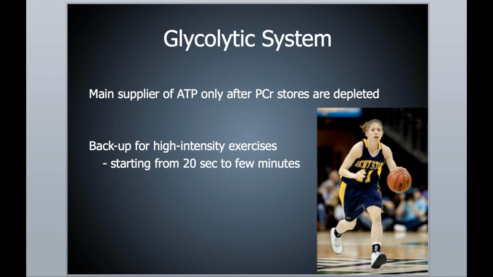Now, you can't maintain that same intensity for very much longer, past 20 seconds or so, because you're not able to generate enough ATP quickly enough. But you're able to do it pretty good up to about, again, 2.5 to 3 minutes.